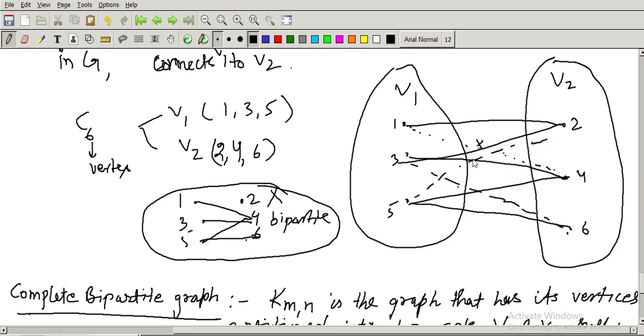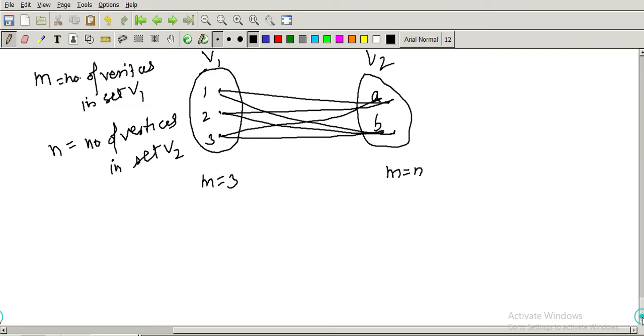So if I add these 3 edges in this graph, it will become a complete bipartite graph. So there is a difference between bipartite and complete bipartite graph. Here n is 2.